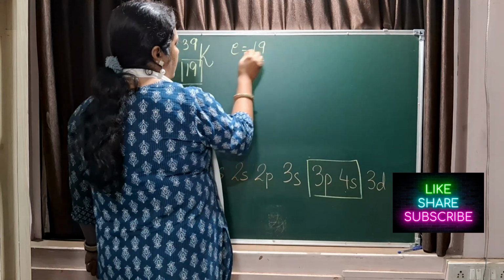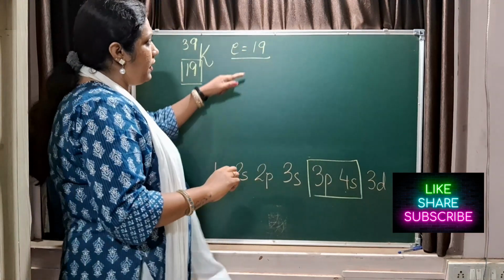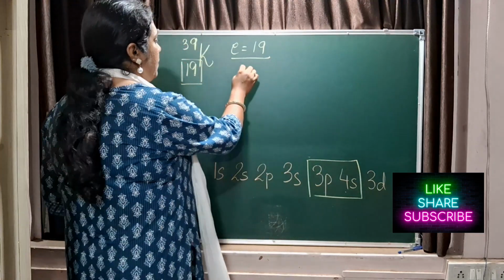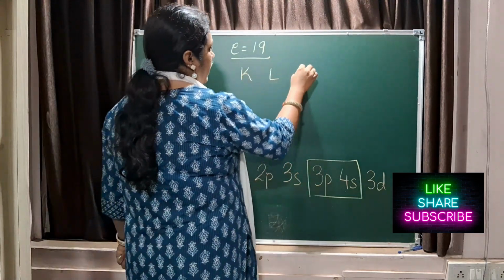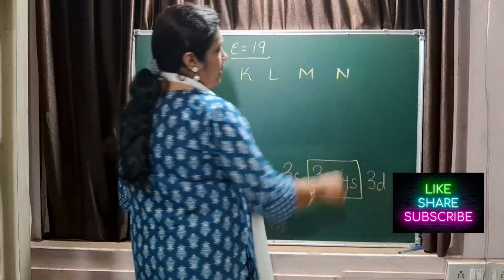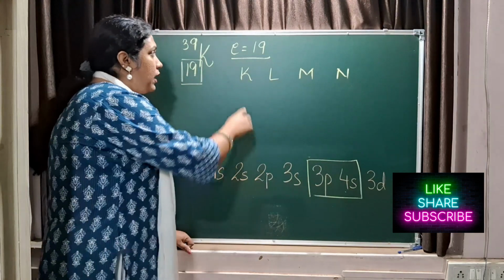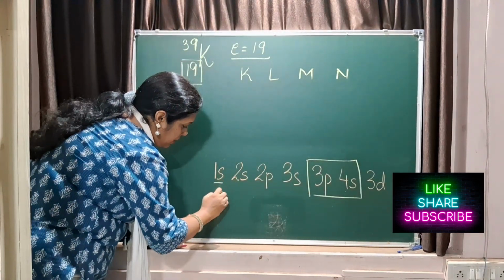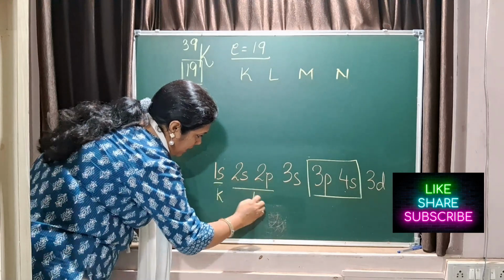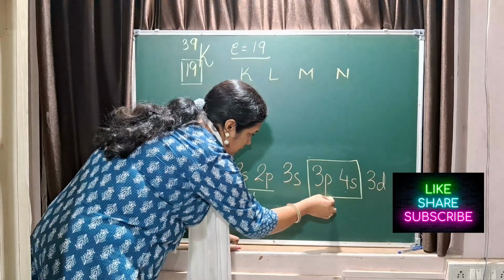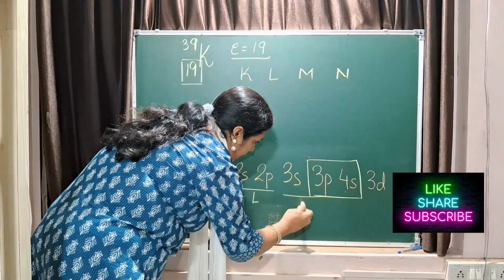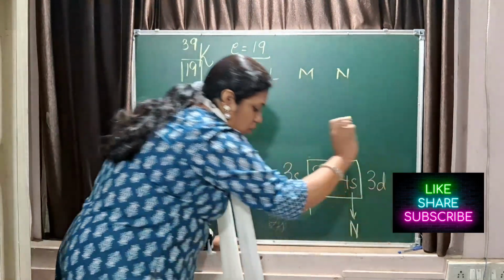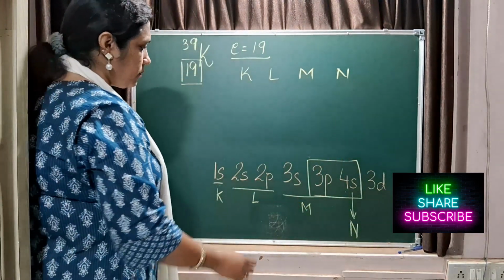You have to divide these 19 electrons into the KLMN shells. First the orbital of K shell, then the orbitals of L shell, then M shell, then you get N, and then it goes to M again.